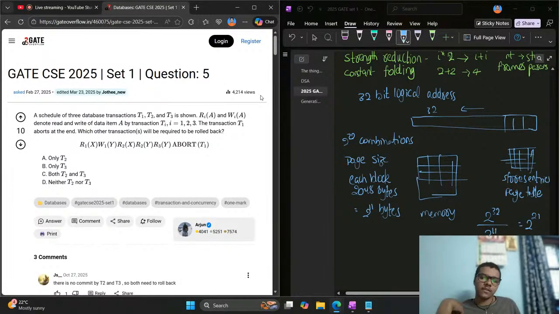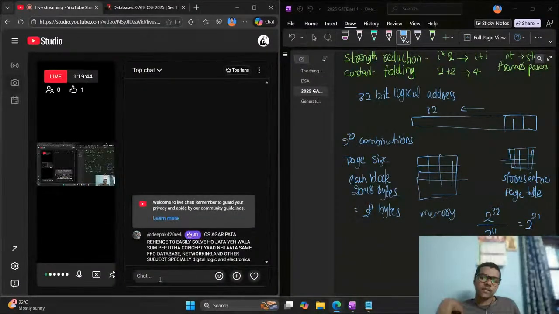A schedule of a database transaction. Hey, this is database. We studied this one for 2 days. I have a little problem reading Hindi.